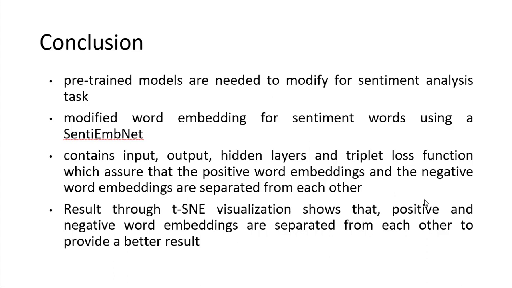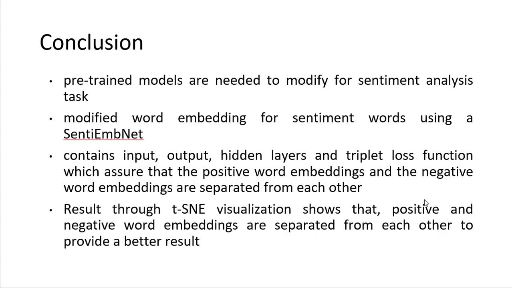It contains an input layer, an output layer, and one hidden layer along with the triplet loss function. This triplet loss function ensures that positive word embeddings are closer to each other, negative word embeddings are closer to each other. At the same time, these two word embeddings are far away from each other.